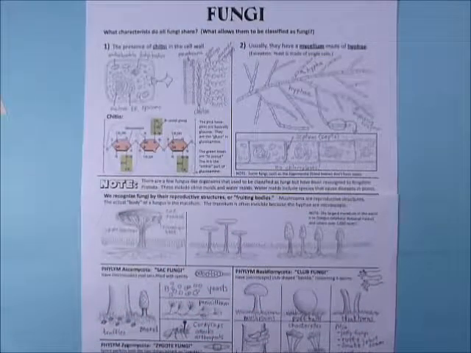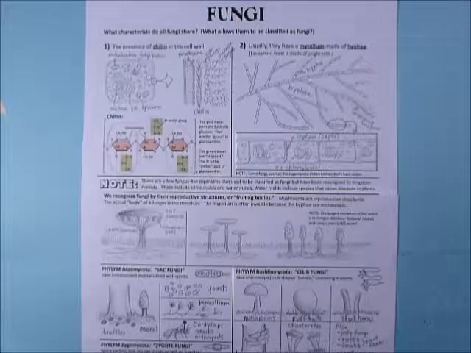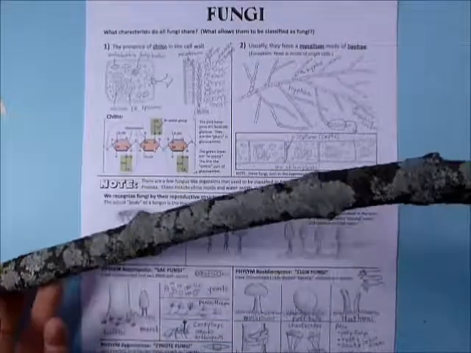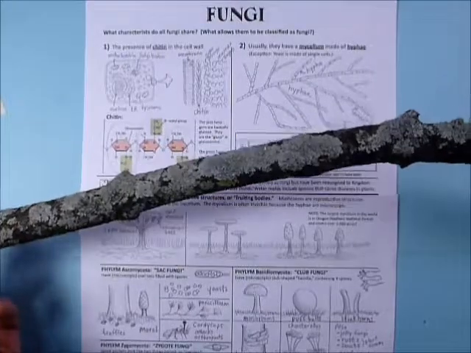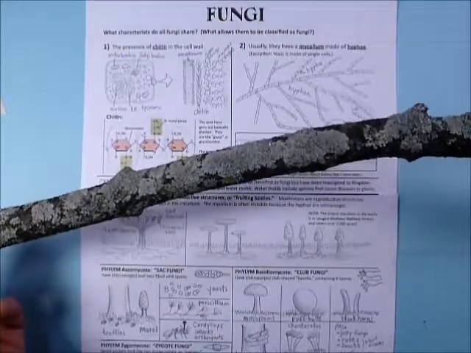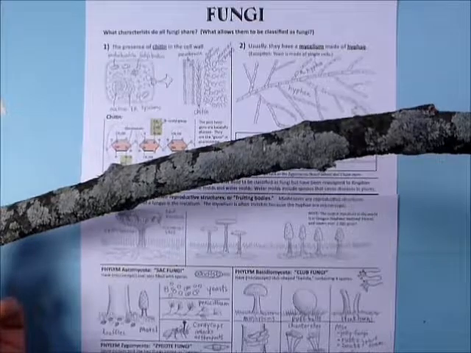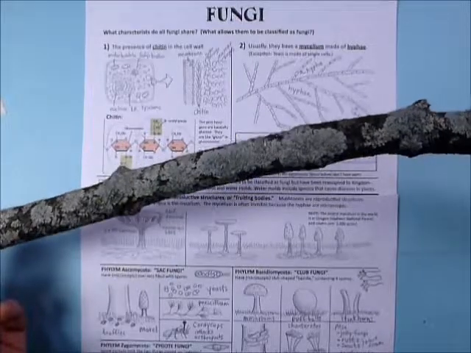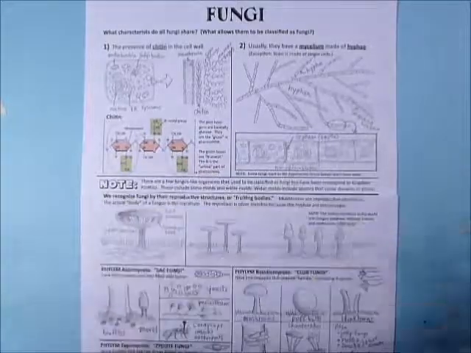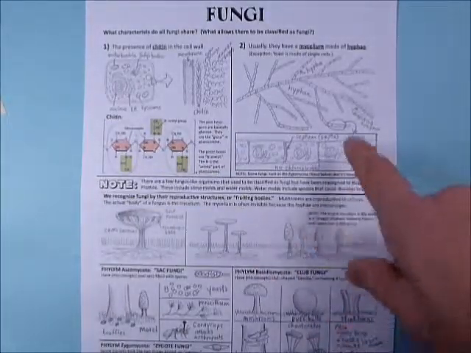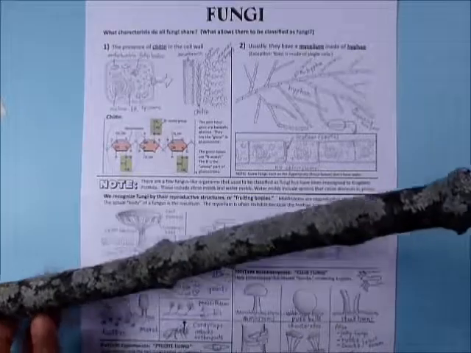I want to end by mentioning one more thing that isn't on this page, and that is lichens. Lichens come in different shapes and colors and textures, but a lichen is a fungus that's growing with an algae. So the fungal part would be another subcategory of the fungal kingdom that I haven't mentioned.